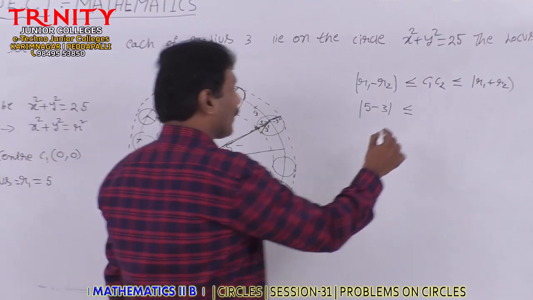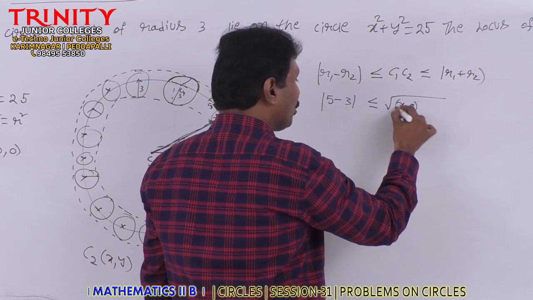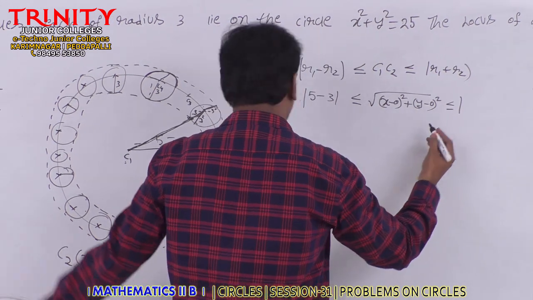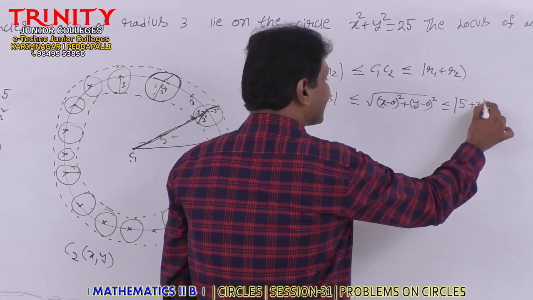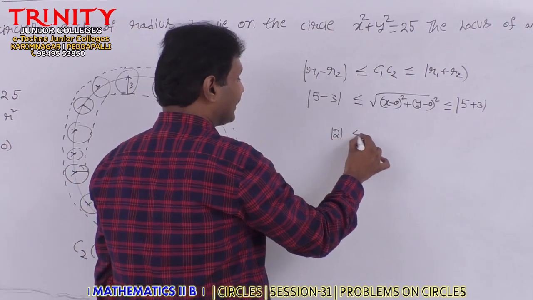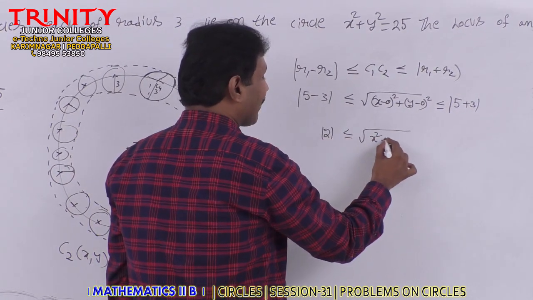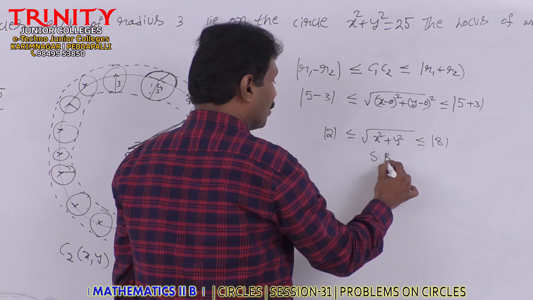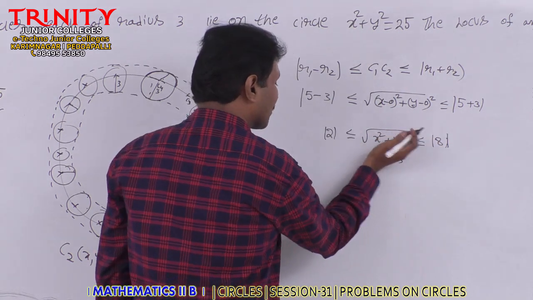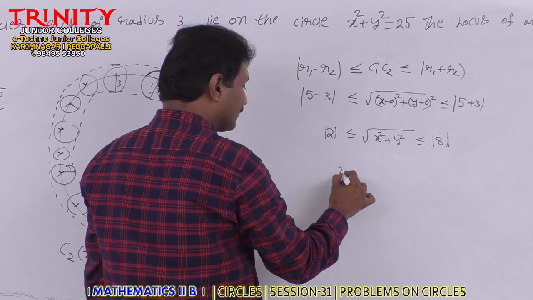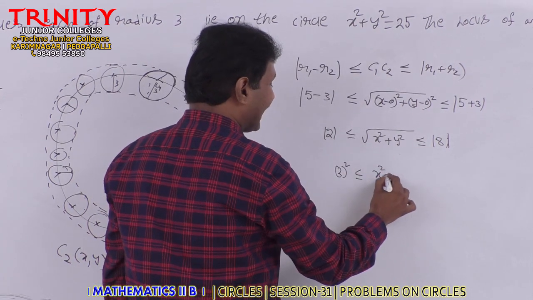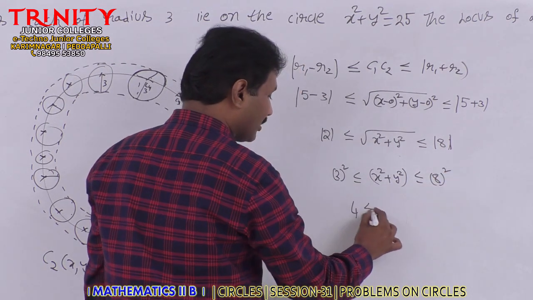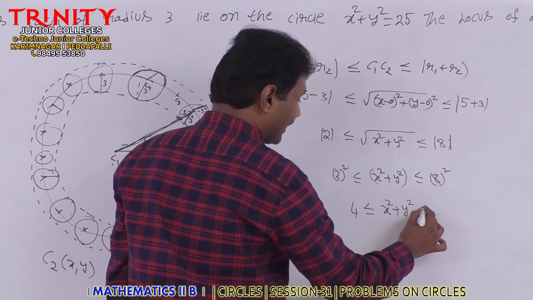The distance is square root of (x minus 0) whole square plus (y minus 0) whole square, which is between modulus of 5 minus 3, that is 2, and modulus of 5 plus 3, that is 8. So 2 less than or equal to square root of x square plus y square less than or equal to 8. Squaring on all sides, 2 square less than or equal to x square plus y square less than or equal to 8 square, that is 4 less than or equal to x square plus y square less than or equal to 64.